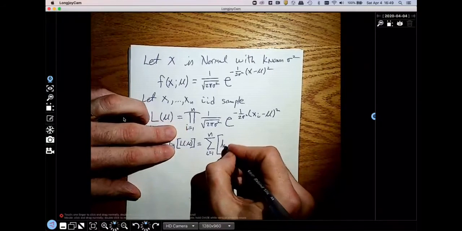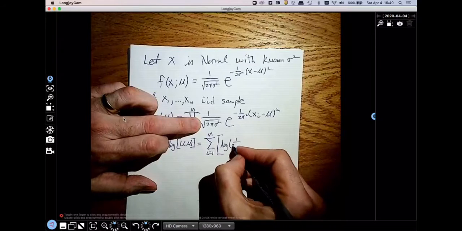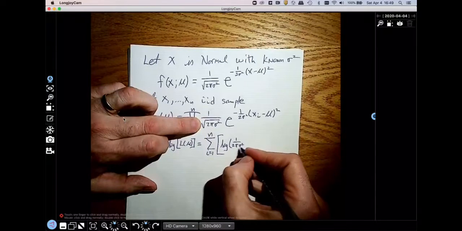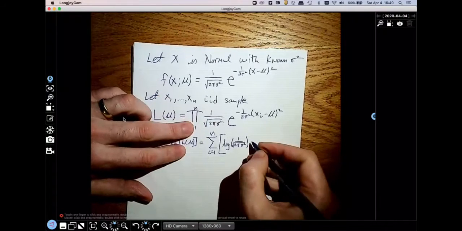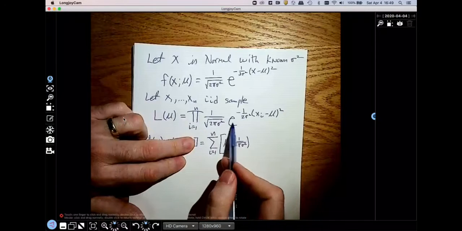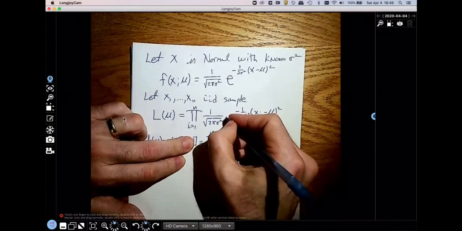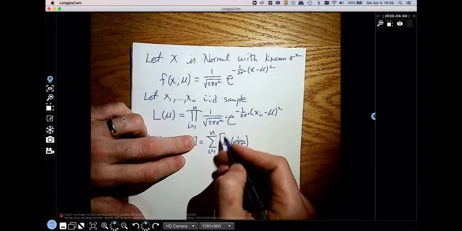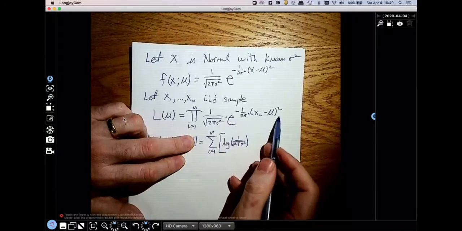I've got the log of this constant, 1 over 2 pi sigma squared. There's really a square root there. And then I have a product, so this constant times this thing, so there's a times sign in there. That times sign becomes a plus. So we can think about plus the log of this.